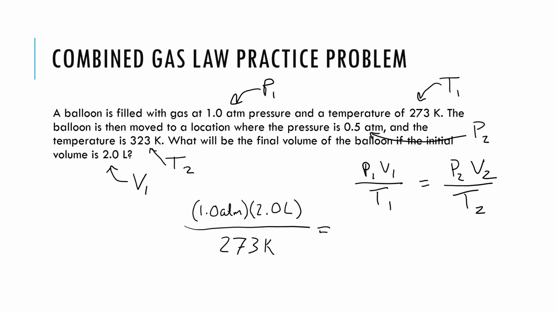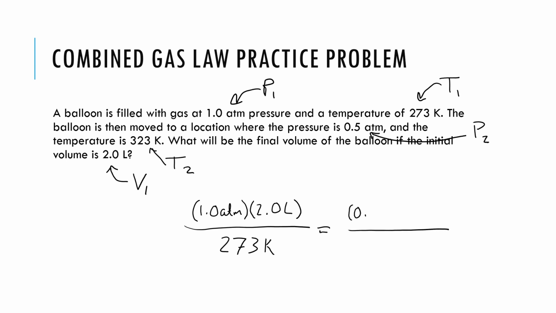This is equal to our P2, which is 0.50 ATM. We don't know the volume, so that's what we're solving for. And we're going to put that over 323 Kelvin.